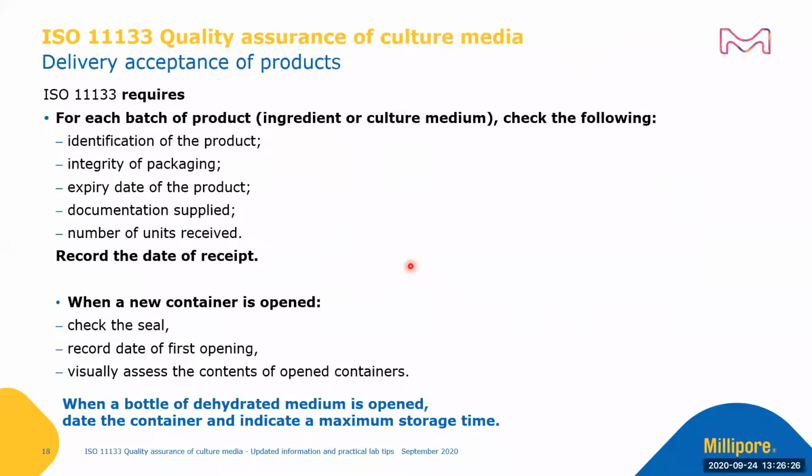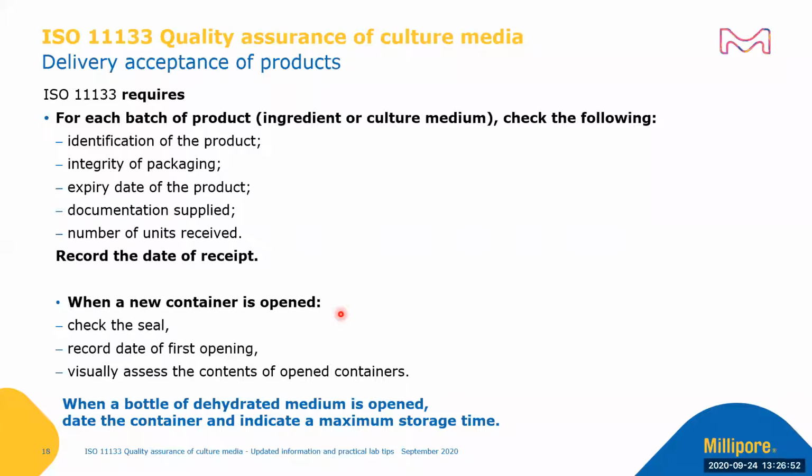ISO 11133 requires for each batch of product, ingredient, or culture media to check the following at incoming delivery acceptance: identification of the product, integrity of packaging, expiry date of the product, documentation supplied, number of units received, and to record the date of receipt.